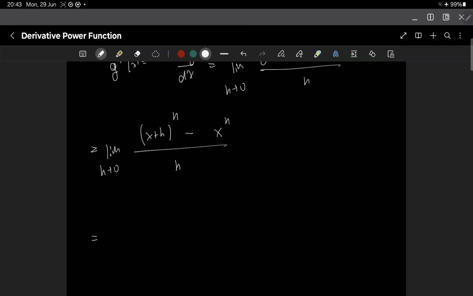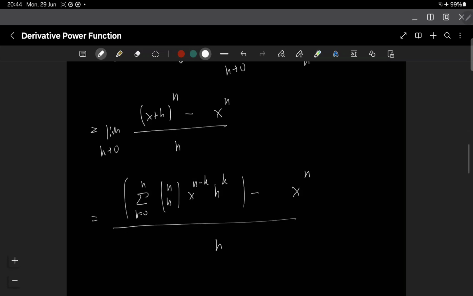So (x plus h) to the power n is the sum as k goes from 0 to n of n over k, x to the n minus k, h to the power k. We have to be careful that we do not write h to the minus k. Then all of this in brackets minus x to the power n, divided by h.